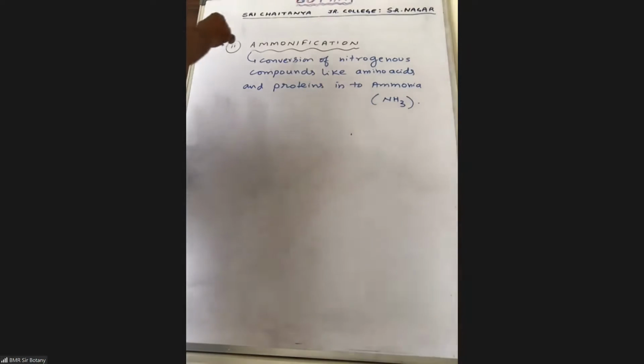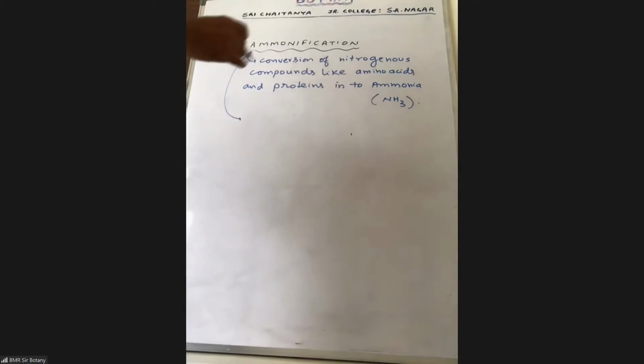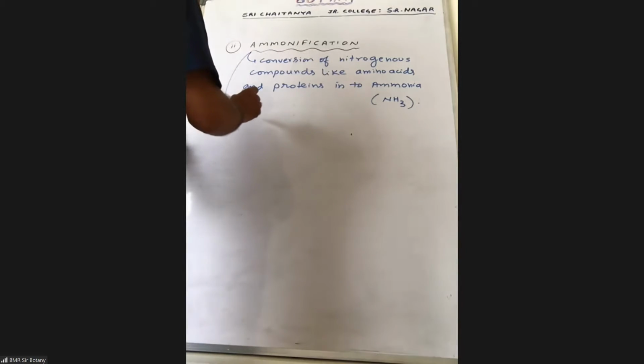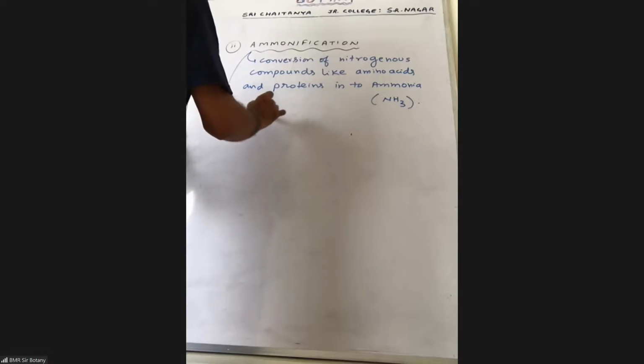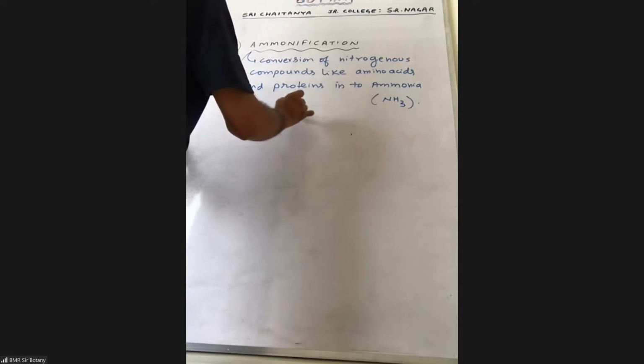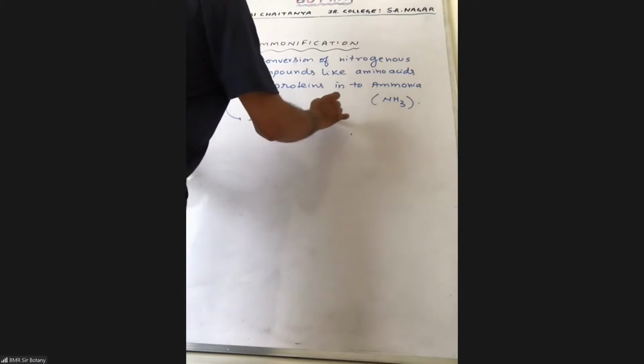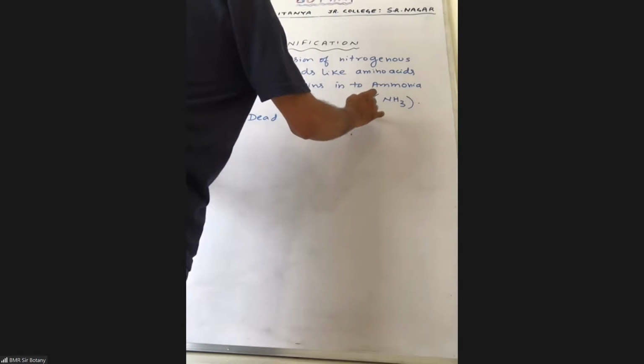It is a kind of decomposition. It is done by saprophytic decomposers, from the dead plant and animal remains. They feed on dead plant and animal remains. What do we call them, Nana? Decomposers or saprophytes. The dead plant and animal remains undergo this process.